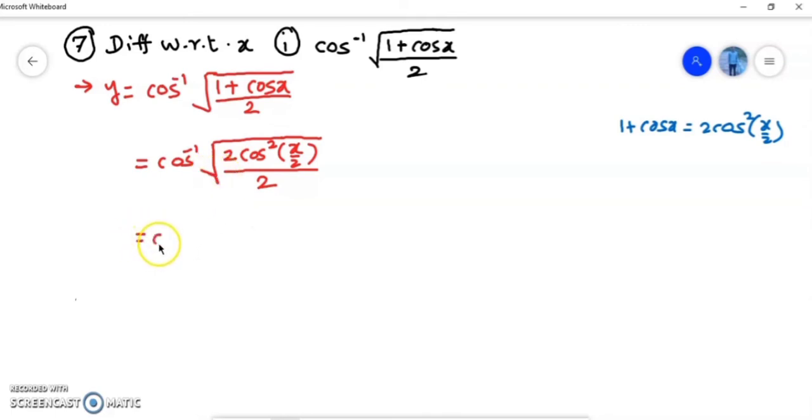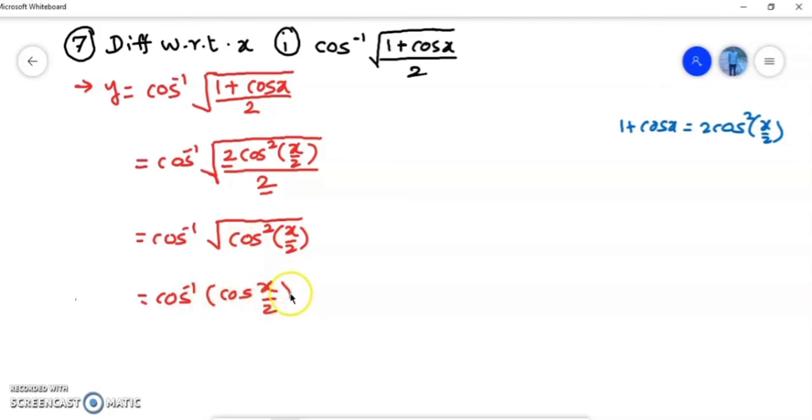That becomes cos inverse of root of cos square x by 2, the 2 and 2 get cancelled, which means simply cos x by 2. That equals just x by 2, because cos inverse of cos x is x only. So cos inverse of cos of x by 2 is just x by 2. This is your y in the simplest form.